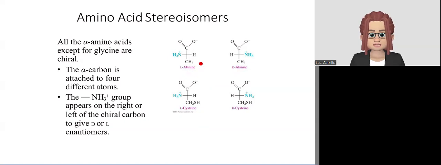What this means is that when we look at this bond specifically, because the NH3 is pointing to the right, that's why this alanine molecule is D. If your NH3 is pointing to the left, then that is the L enantiomer. So the rules for determining D or L for amino acids is a little bit different from the one that we learned previously about carbohydrates.